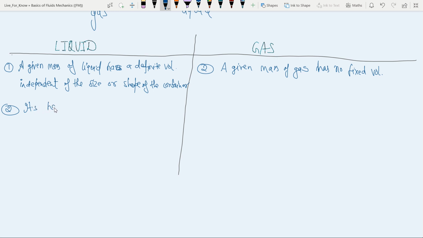Point two of gas: it doesn't, which means no free surface is formed.